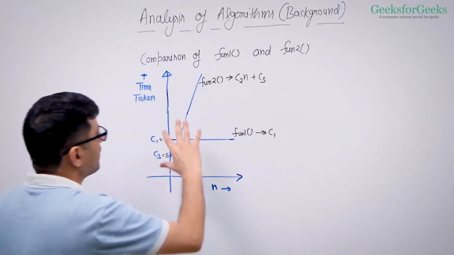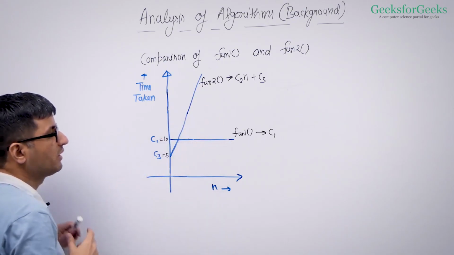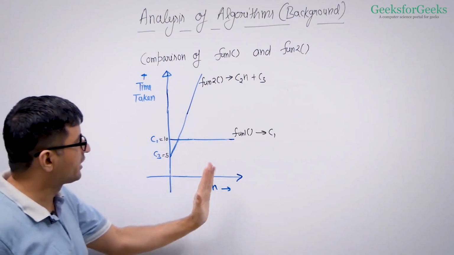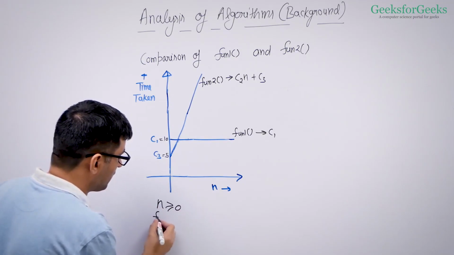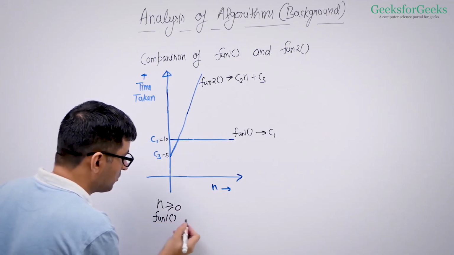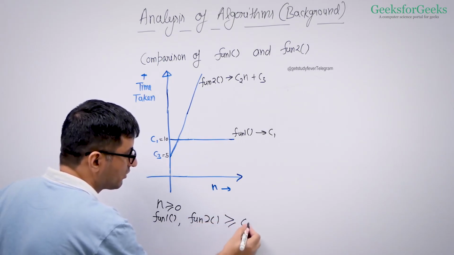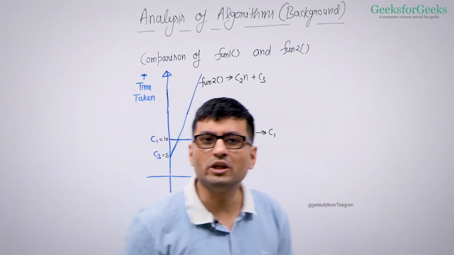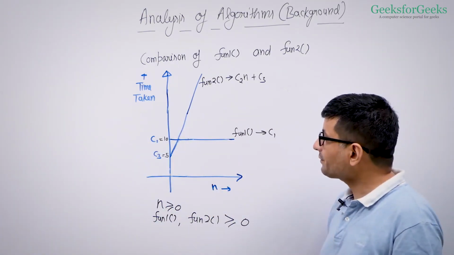So we always talk about this first quadrant of the 2D coordinate system, where we have n greater than or equal to 0, and our functions, whether it is fun1 or fun2, are always greater than or equal to 0, right? So that's what we do in time complexity analysis. We talk about this particular quadrant.